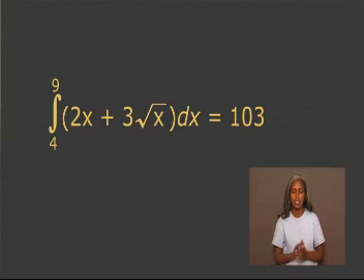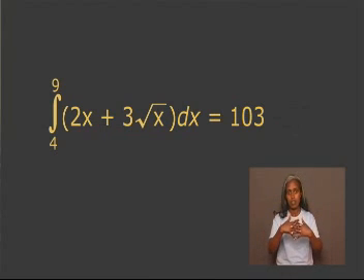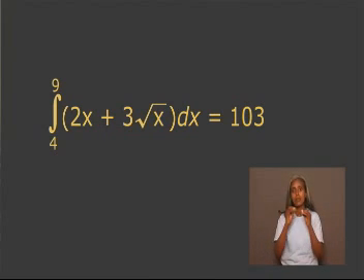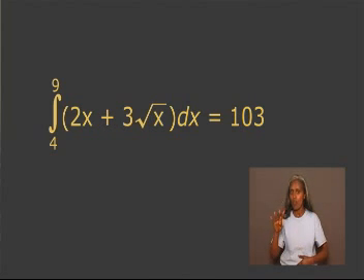The definite integral of 2x plus 3 times the square root of x dx between the limits 4 and 9 is 103. Well done.